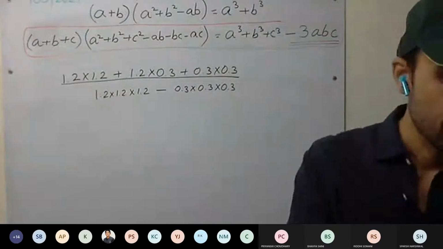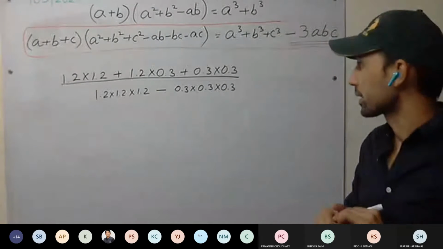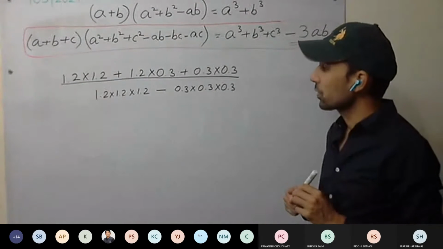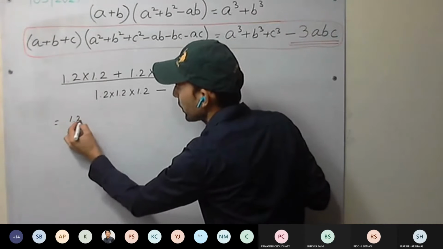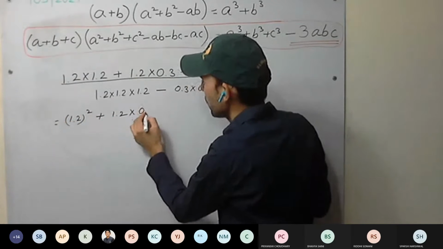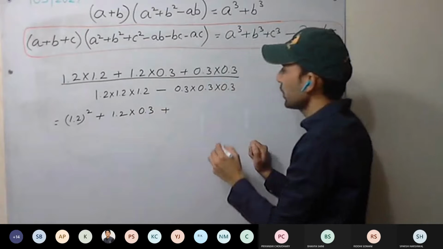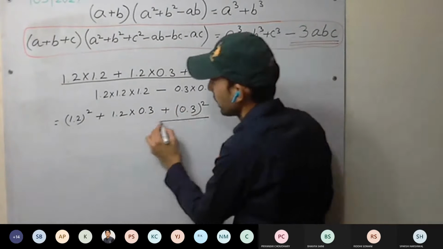Something like this is here. How are you going to rewrite this one? First we rewrite, for example, 1.2 square plus 1.2 into 0.3 plus 0.3 square. Keep doing it in your notebook without copying from the board.